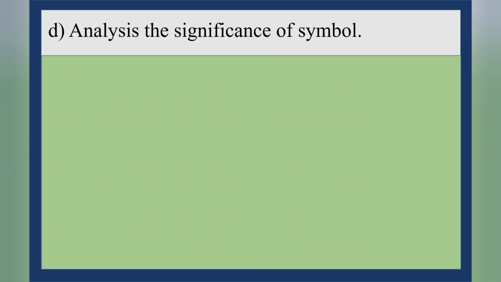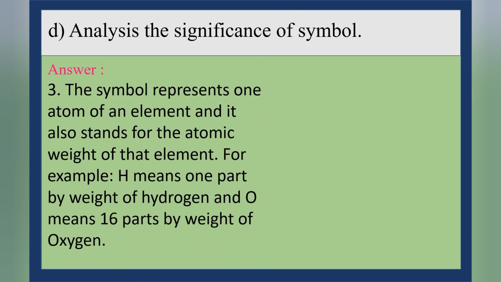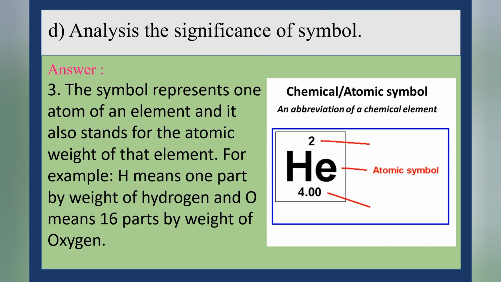Now, if we move forward to the analysis of the significance of symbols, the answer is that a symbol represents one atom of an element, and it also stands for the atomic weight of that element.